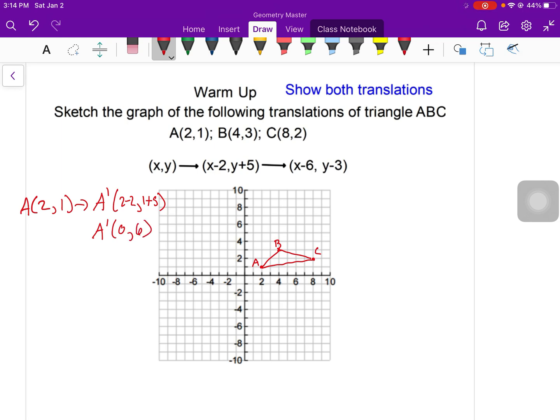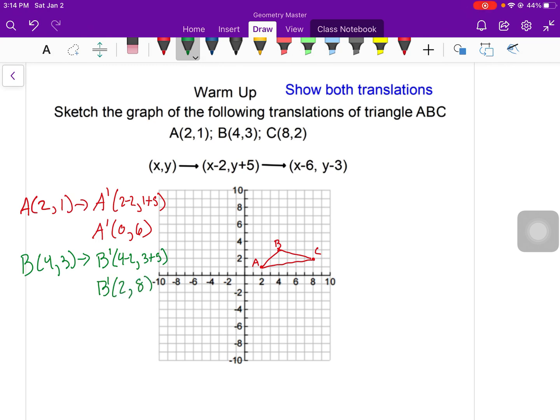Okay, I'm going to get these 3 points for A prime, B prime, C prime, then I'm going to graph them. Okay, I'm going to do this in a different color though. So B was at 4, 3. That's going to go to B prime at 4 minus 2, 3 plus 5, which is going to be B prime is 2, 8.